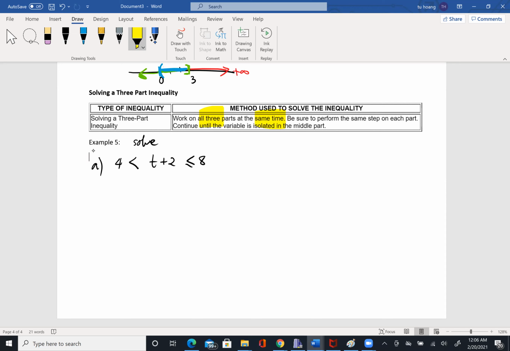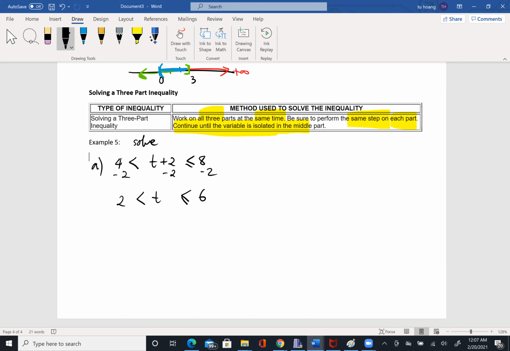Be sure to perform the same step on each part and continue until the variable is isolated in the middle part. That's easy. You just subtract 2 from each part of the inequality because you want to get t alone. So t is in the middle, the left part is going to be 2, the right one is going to be 6, so less than or equal to 6.